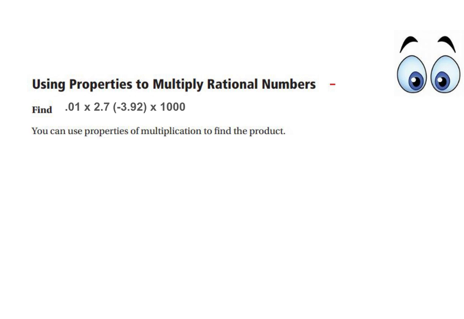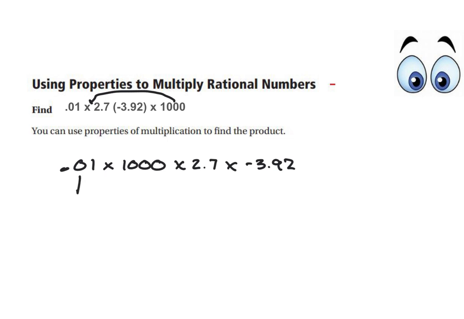Now taking a look here, this is all multiplication, so I want to use the commutative property and I want to move and rearrange these. I want to do 0.01 times 1,000, and then I'll do times 2.7 times negative 3.92. 0.01 times 1,000, well, as a fraction, that's the 10th place and the 100th place.